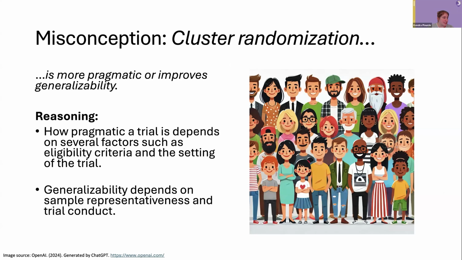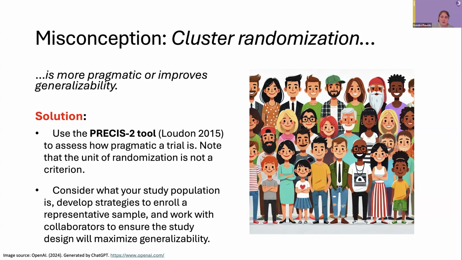And generalizability depends on sample representativeness and trial conduct. So the solution here: ignore whether cluster randomization or individual randomization is needed in this case. If you want to assess how pragmatic a trial is, use the Precise2 tool, and I provide a reference at the end of these slides, to assess how pragmatic a trial is.